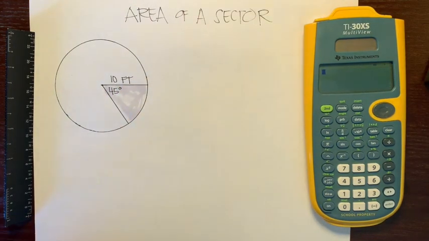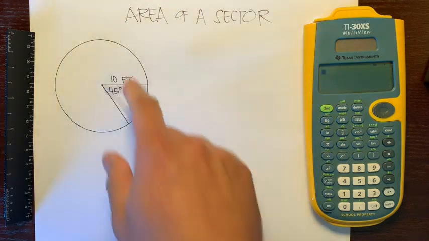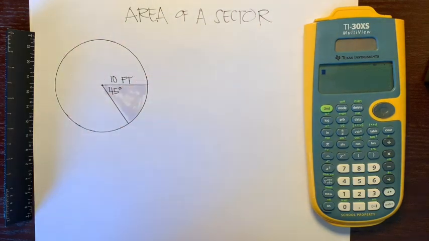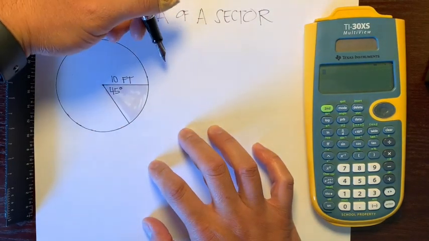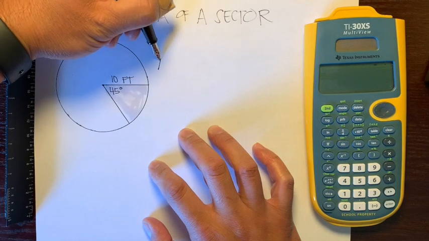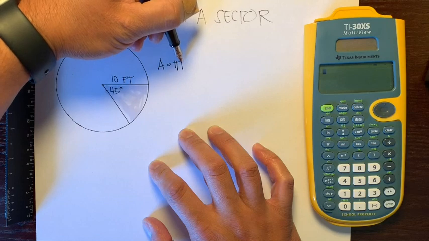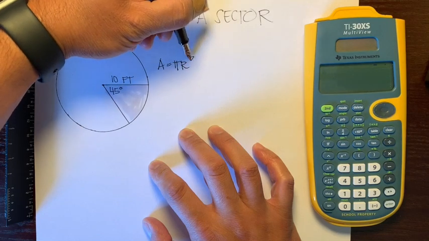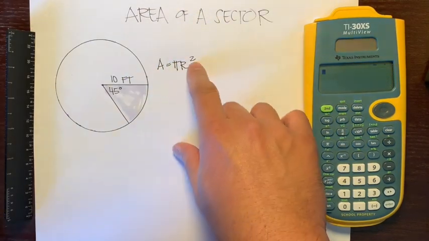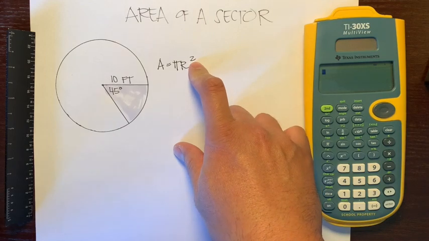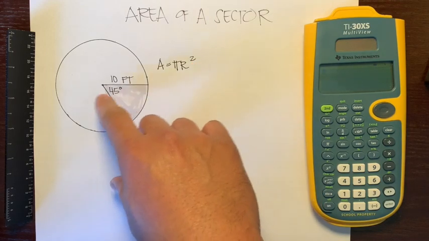So first thing that we're going to do is find the area of the entire circle. If you remember the area formula for a circle, A is equal to pi r squared, where r is the radius. It's squared because area is measured in the number of squares that fit inside.